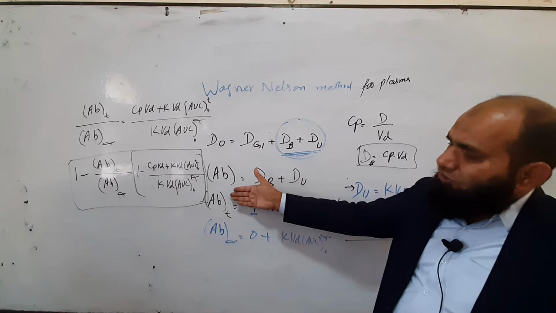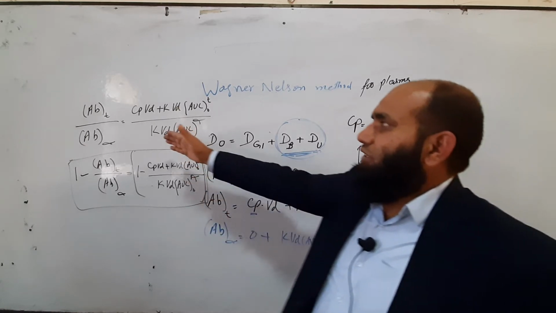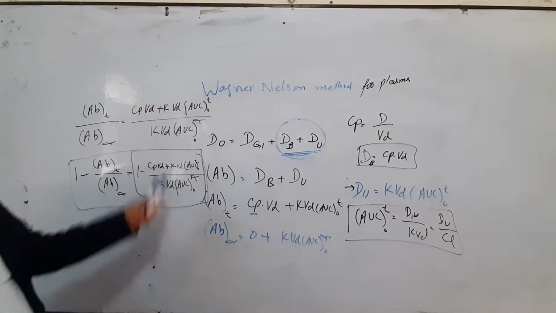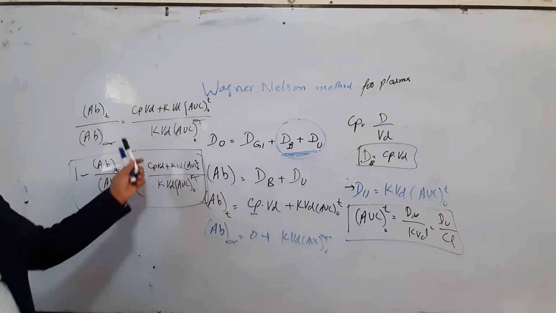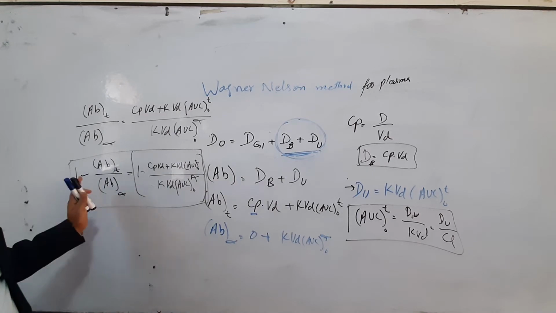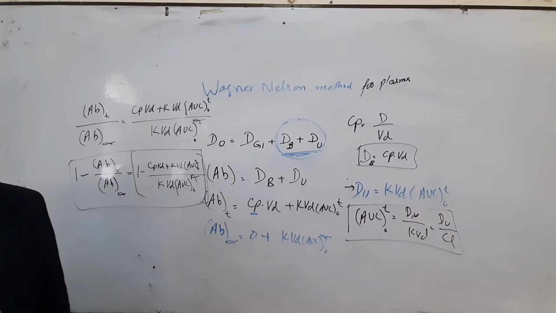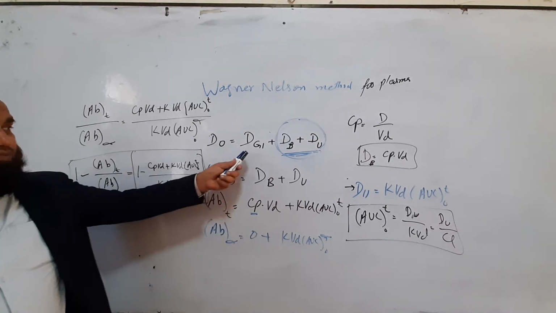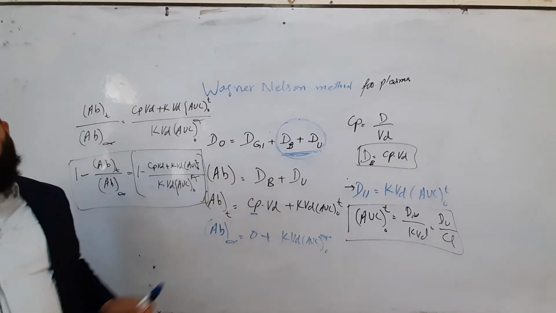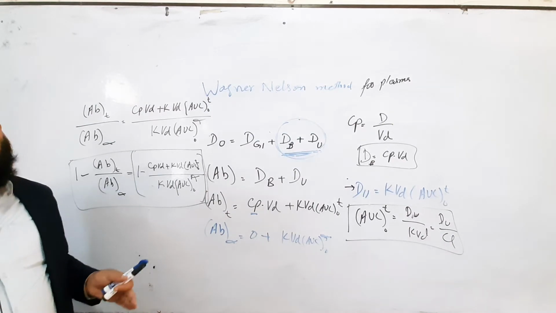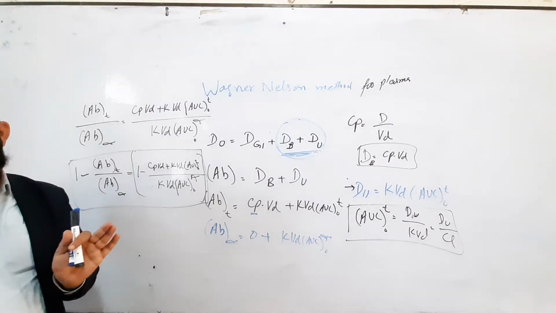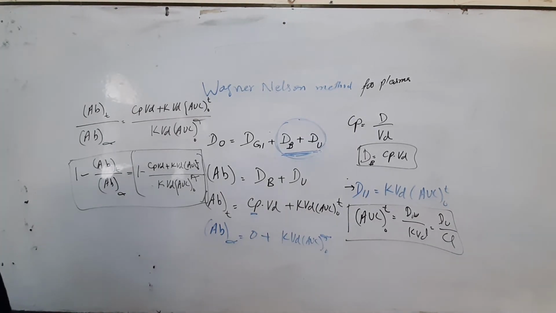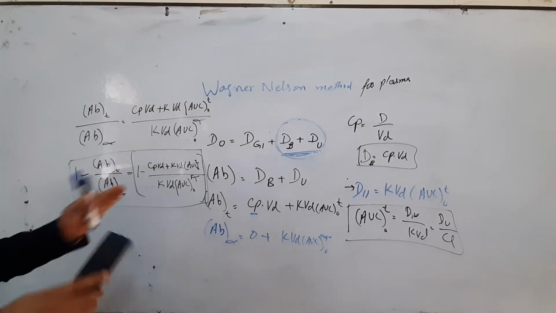By taking the ratio AB over AB infinity, we get a very simple equation: CP VD plus KVD AUC 0 to t over KVD AUC 0 to infinity. Then we take the difference from 1. 1 is the total amount of drug, and the remainder is the amount present in the GI tract. From the total we subtract this, and then we calculate the exact ratio. This is the Wagner Nelson method, and this is the equation form.